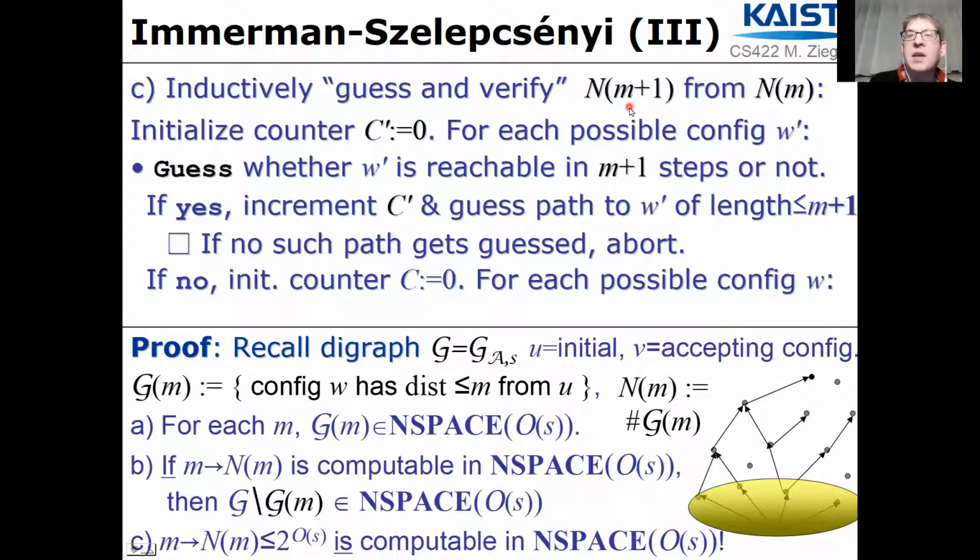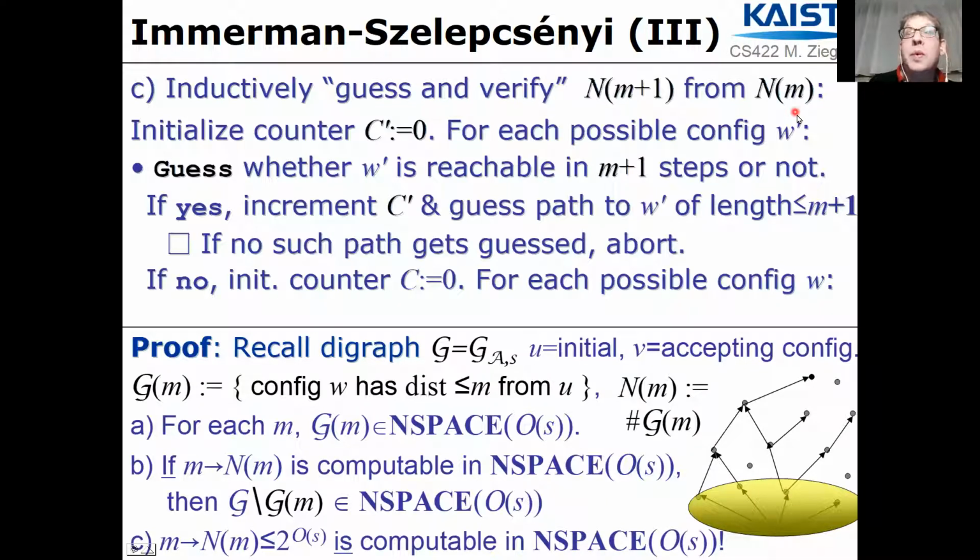And so we're going to refute, to confirm that a vertex is not reachable within m+1 steps, by confirming that there is no edge to this vertex from any of the vertices reachable within m steps.